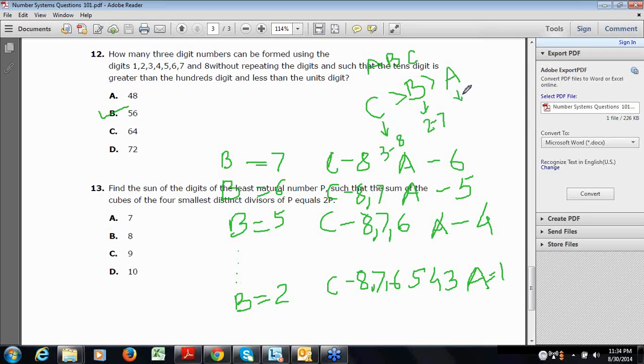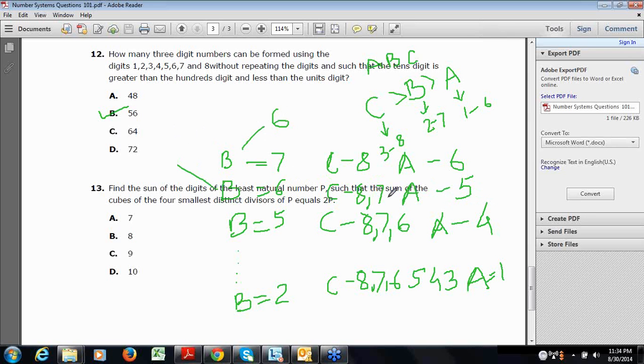And A can have values from 1 to 6. Now we are considering the same thing. If B is equal to 7, then C can take a value only as 8, because C has to be greater than B and the maximum number is 8. A can take values 1, 2, 3, 4, 5 and 6. So 6 possibilities, 6 into 1 into 1. So we are getting 6 here. 6 into 2.